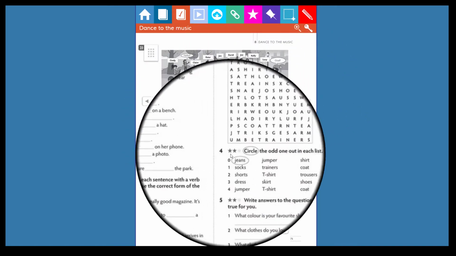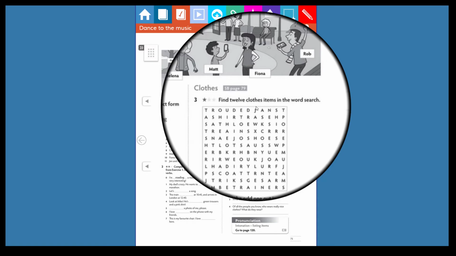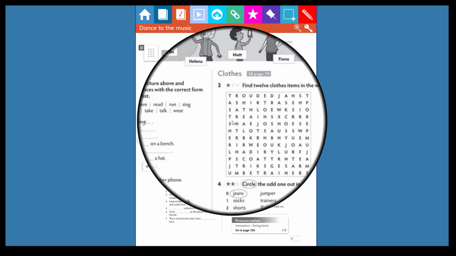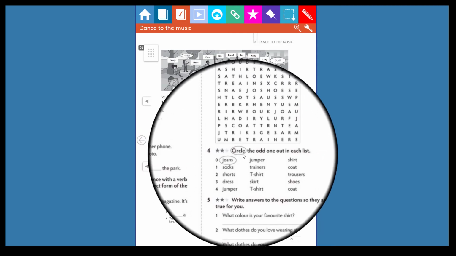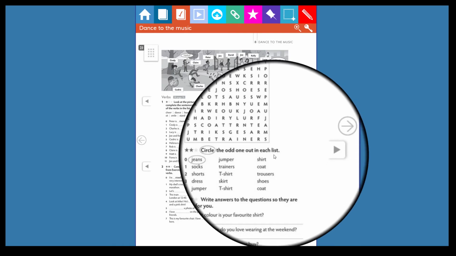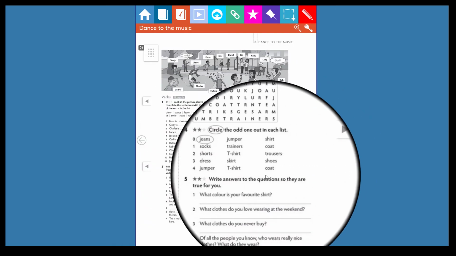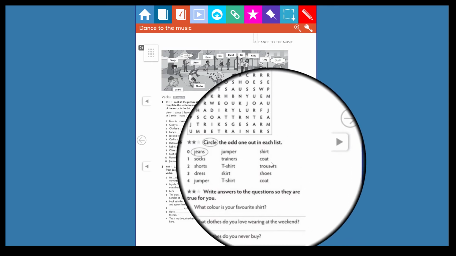Deben encontrar entonces 12 palabras relacionadas a la ropa en la sopa de letra. 12, okay? Number 4, circle the odd one out in each list. Here we have different lists with clothes, and you have to circle the odd one.